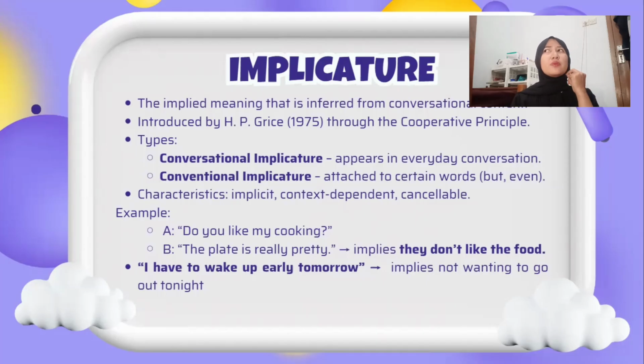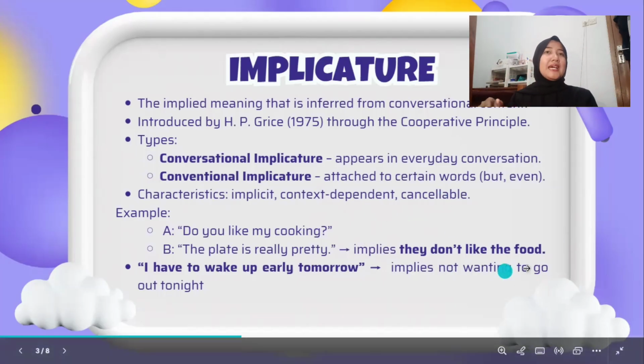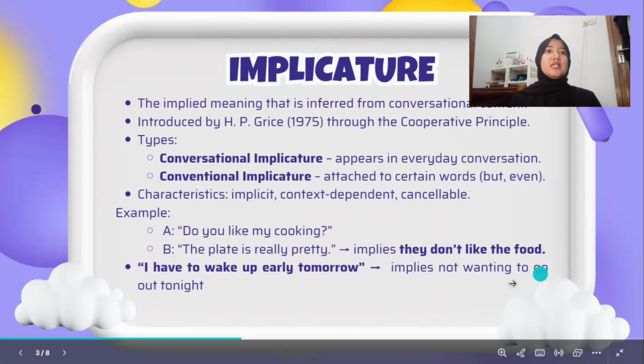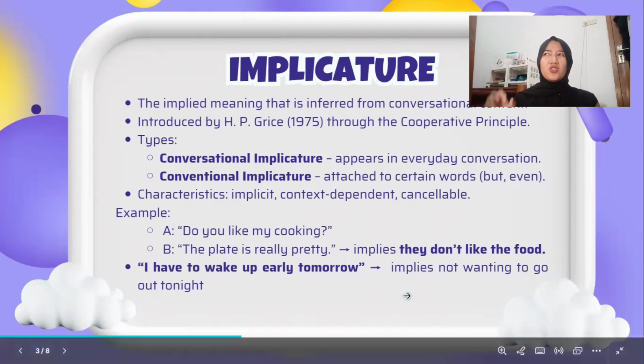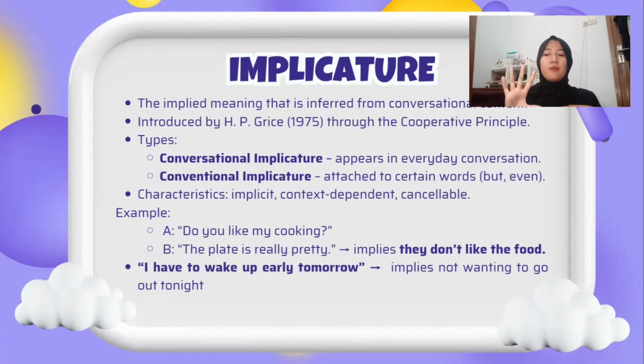An example of implicature is when someone says, "Do you like my cooking?" and the other responds, "The plate is really pretty." From that, we can infer that the response means they don't like the food, so they say something else about the cooking, which is still positive and does not hurt the chef.